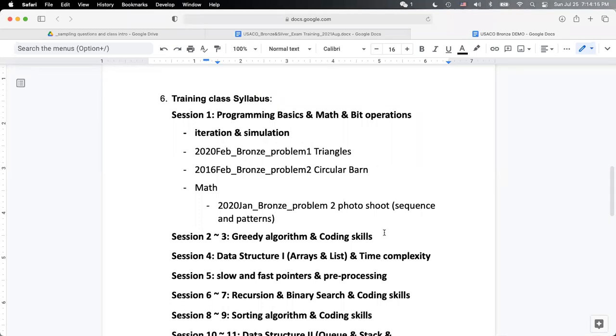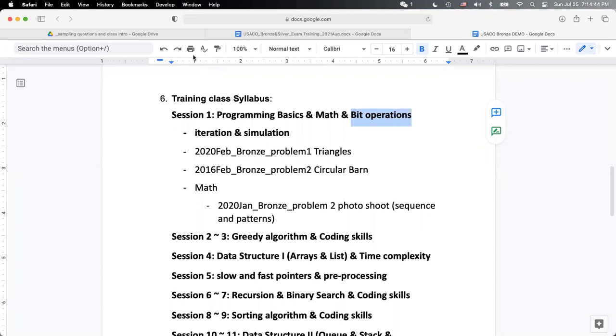I do want to also cover, beside the very basic programming topics, bit operation. Very rarely will we see standalone bit operation questions in USACO on all 4 levels, but there is one. I have an example, but given the time, I don't want to touch it here. But we should have a basic sense of how numbers are represented, because that matters later when we do time complexities.